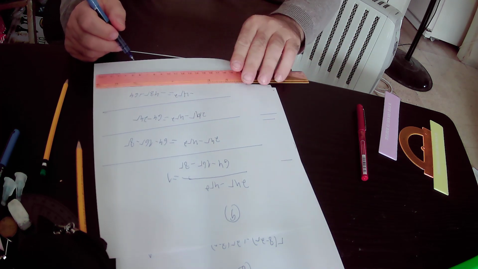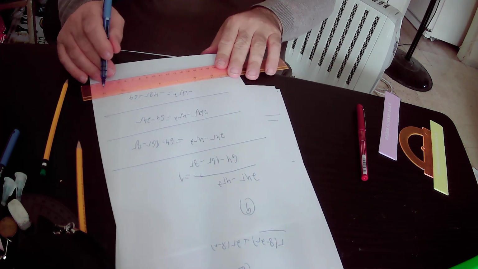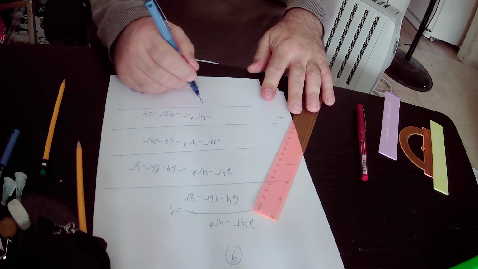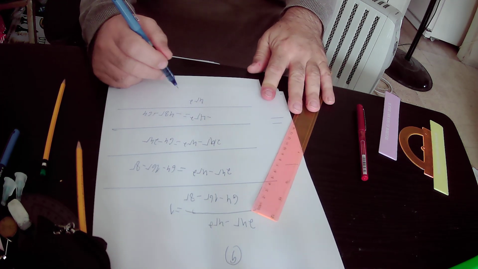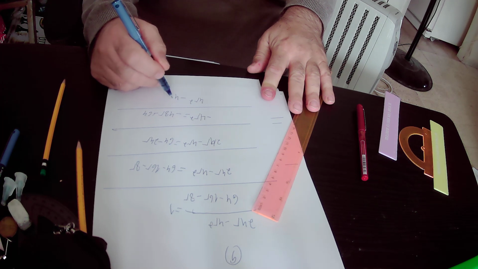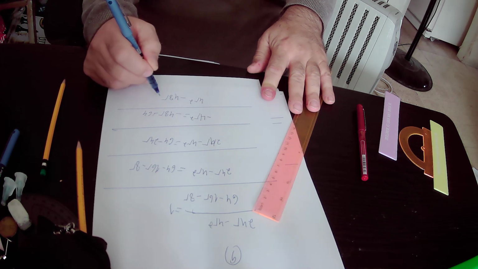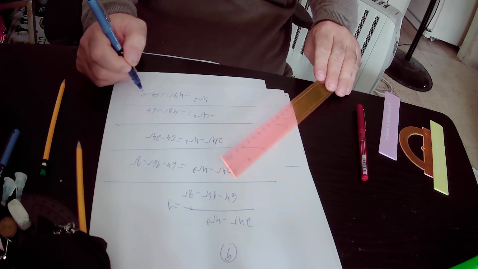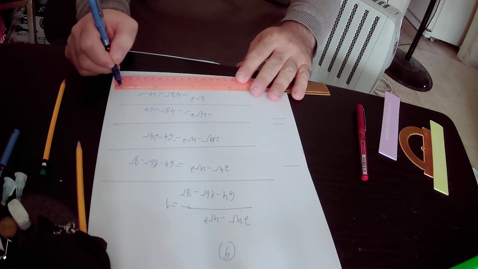Here we will add to this equality 4r squared, and we will get that 4r squared minus 48r plus 64 equals to 0. So here we have a quadratic equation.